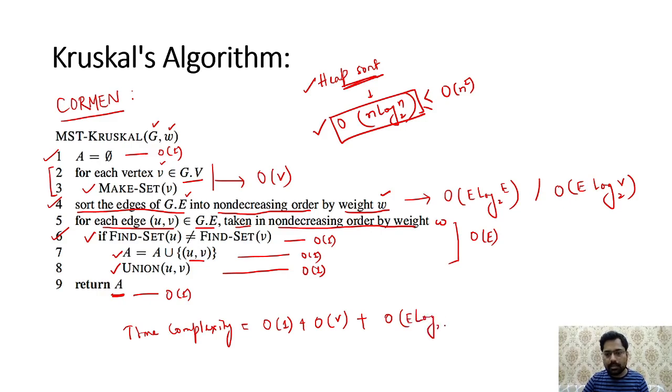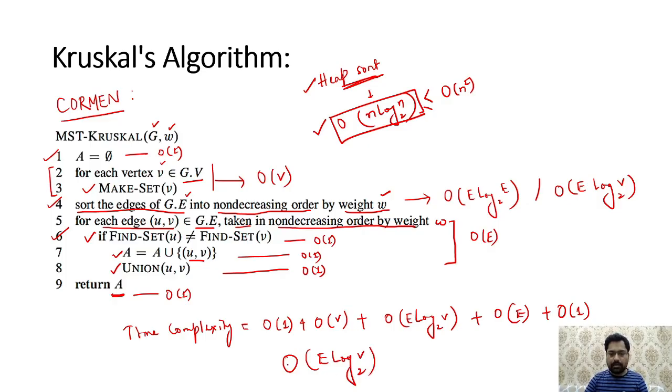I'm writing e log v, plus for this for loop e, plus the last one. Out of this, the maximum is n log n or e log v. If you put v as n and e as n, that is the maximum time complexity we can expect in Kruskal algorithm.